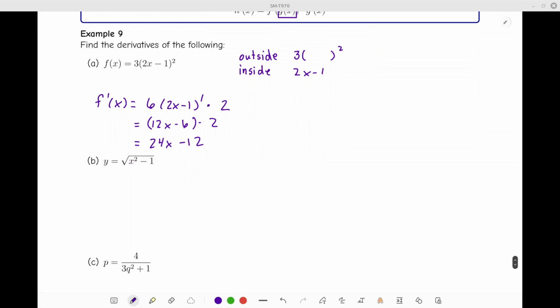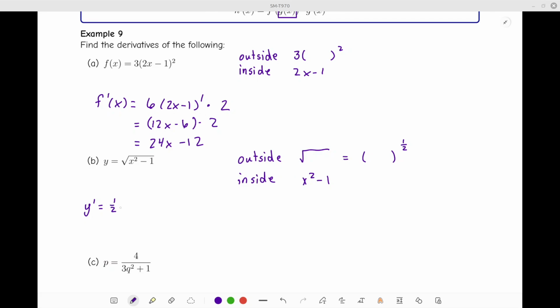B. Well, our outside is just the square root. But remember, that's the same thing as saying something to the 1/2 power. And then our inside function is x squared minus 1. So then y prime is the derivative of the outside.